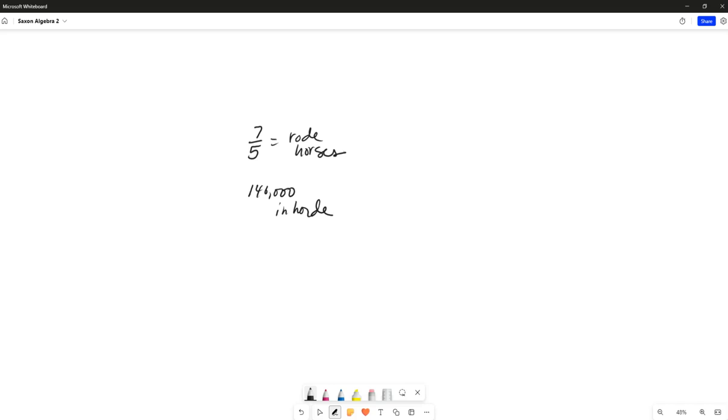Well, it's asking for how many did not ride horses. So that does not refer to the 7/8, right? I'm sorry, I read that wrong. So if 7/8 rode horses, that means that 1/8 did not. So that's the one we're going to have to use for our equation because that's what it's asking for in the problem.